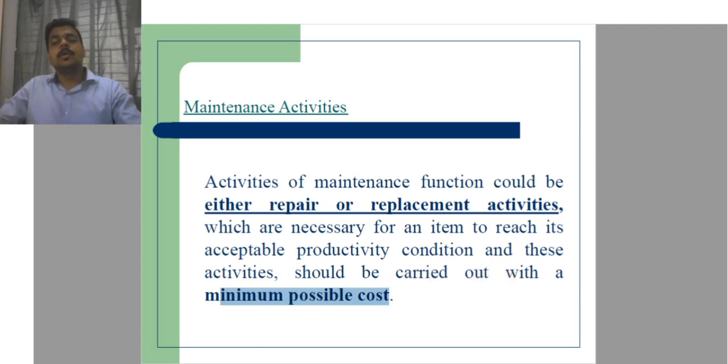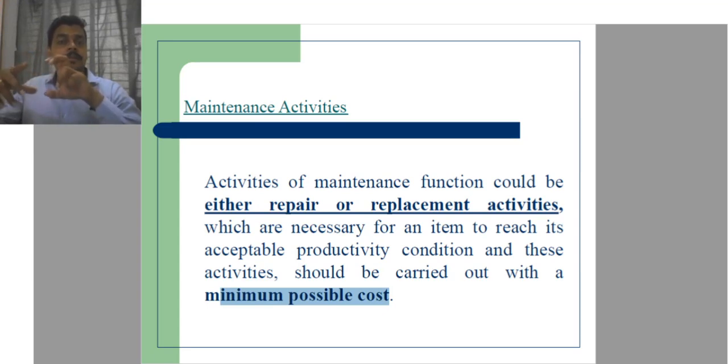You have to consider this point very clearly: maintenance should be done at its minimum possible cost. If the cost of the equipment is, let's say, X rupees, the maintenance of that equipment should cost less than X rupees.